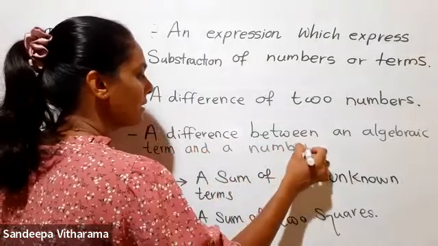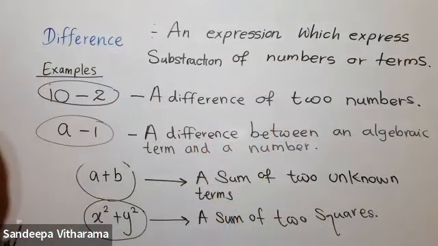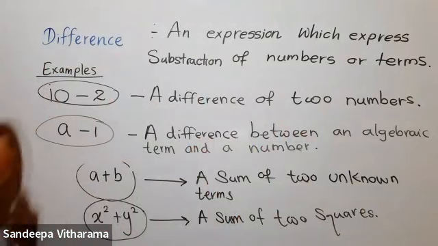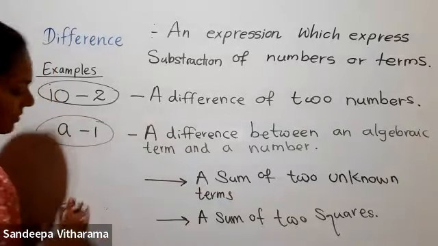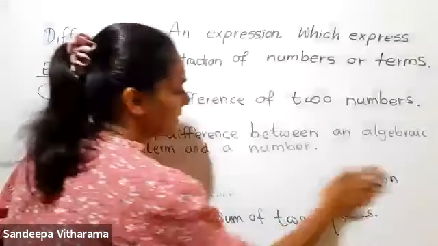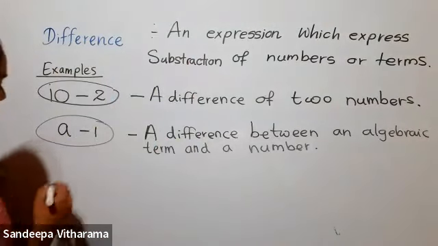This is also can be called as a difference between two numbers, okay? Because unknown term also expresses, or it also denotes a particular number. Okay? Yeah, number එකක් තමයි denote කරන්නේ.